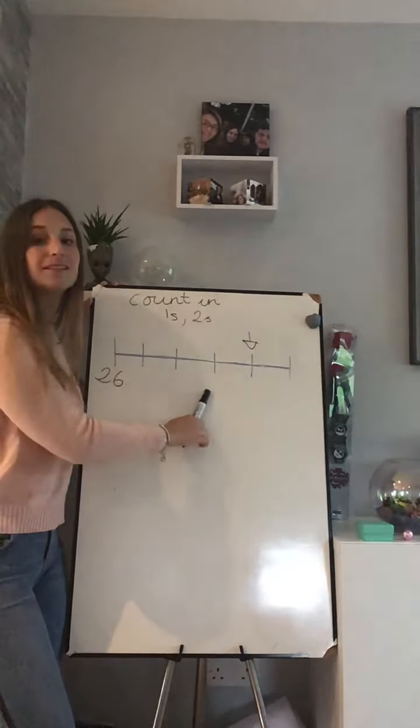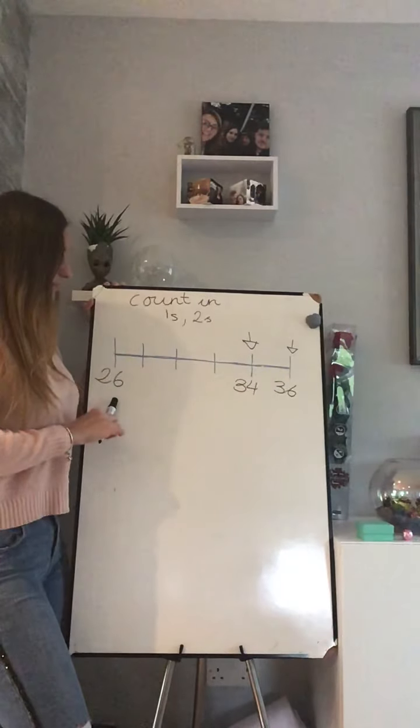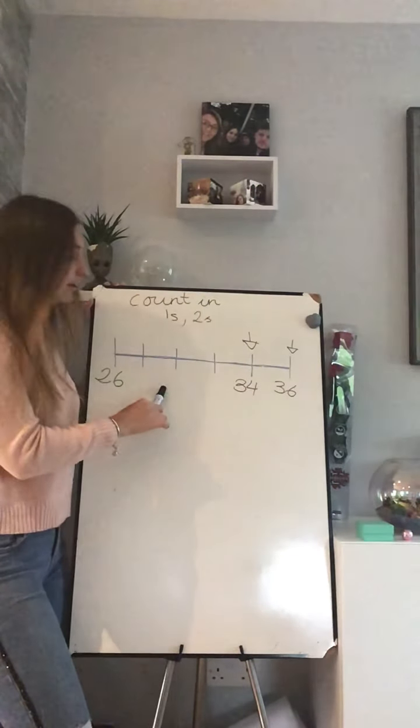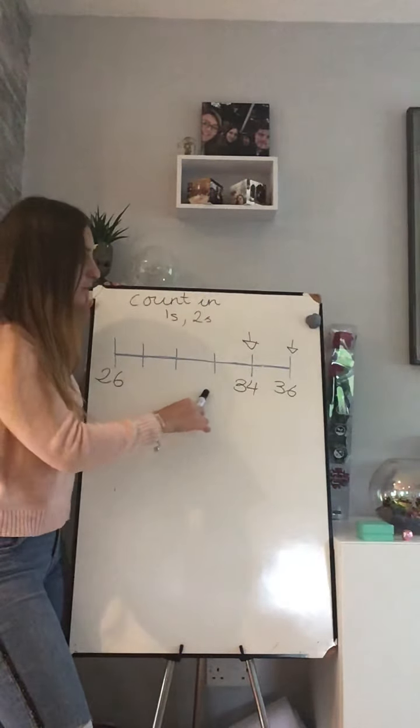That's right, 26, 28, 30, 32, 34. Well done. What number will be then there? That's right, 36. Let's check. 26, 28, 30, 32, 34, 36. Well done. We're getting really good at this, don't we?